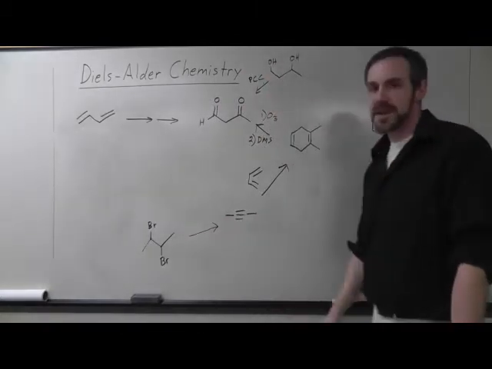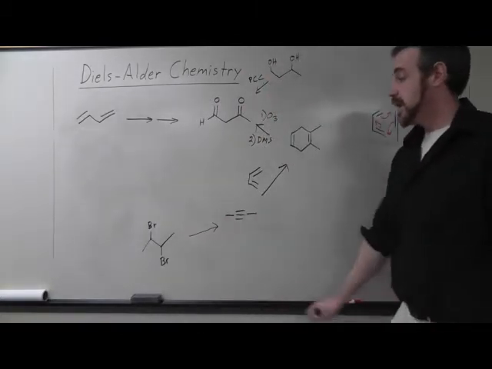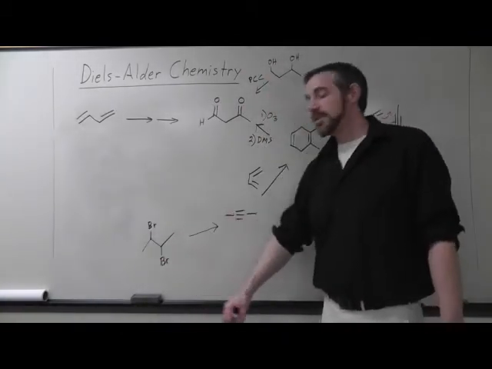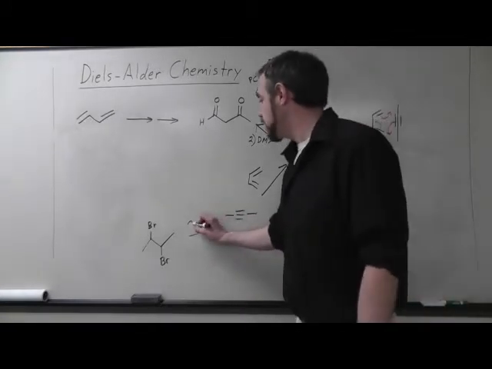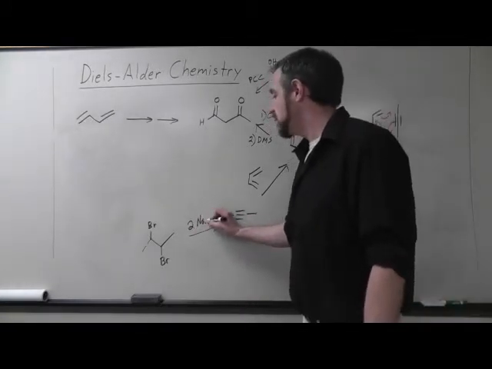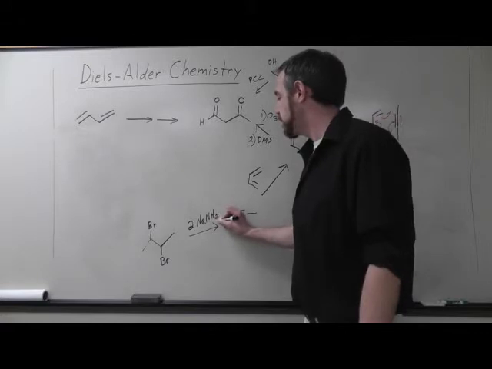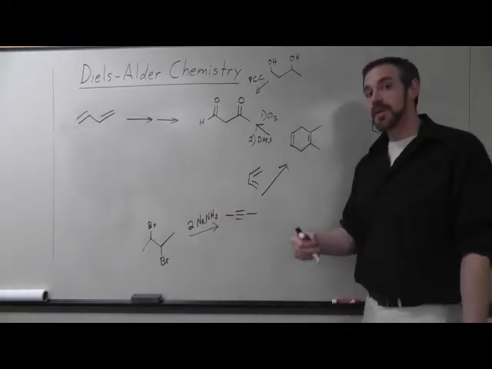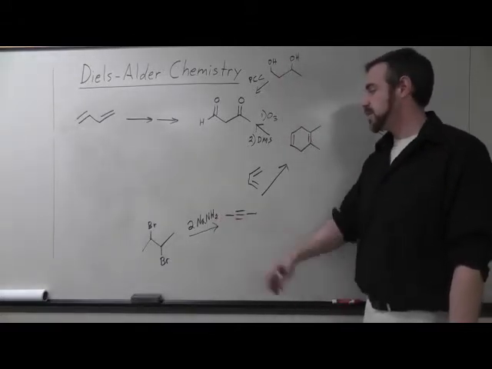And we can worry about the stereochemistry later, but a dibromide can react with 2 equivalents of a strong base, like sodium amide, to do a double elimination reaction producing the alkyne.